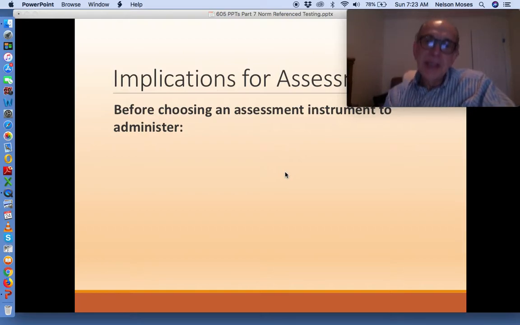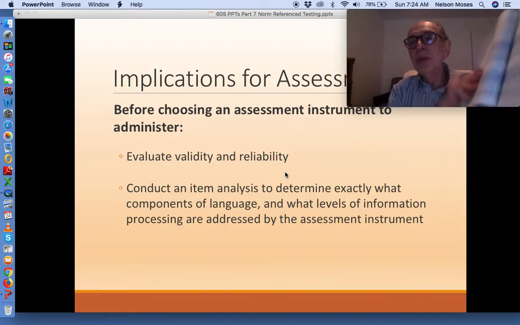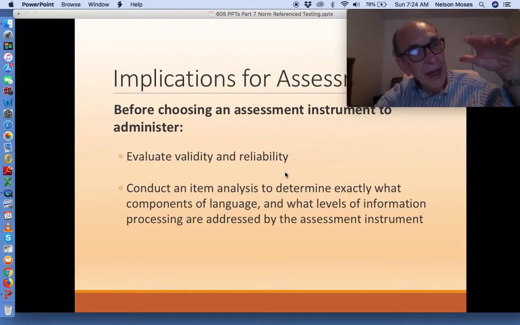So before choosing an assessment instrument to administer, as I just said, we should evaluate reliability and validity as the consumers of that assessment instrument. And in addition to that, conduct an item analysis to determine exactly what components of language and what levels of information processing are addressed by the assessment instrument. Item analysis signifies that we actually look. We open that test up. We open the administration manual up and look item by item and ask ourselves, what do these items mean?